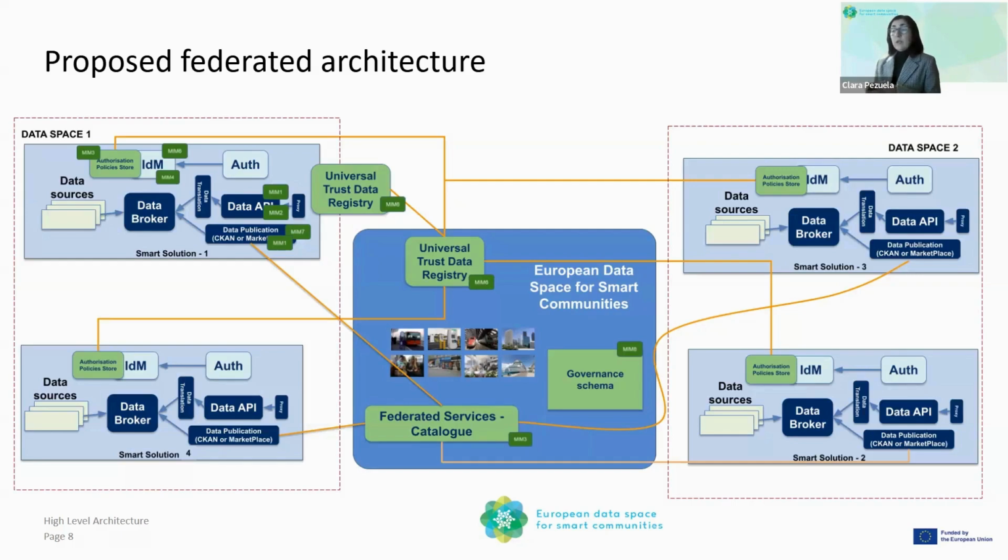This will probably also require a kind of vocabulary hub at the central part with all the data models that can be recognized by all the data spaces, and that will be accompanying the catalog in order to agree on at least a common language and the mapping between different languages and formats of data used in the different data spaces.